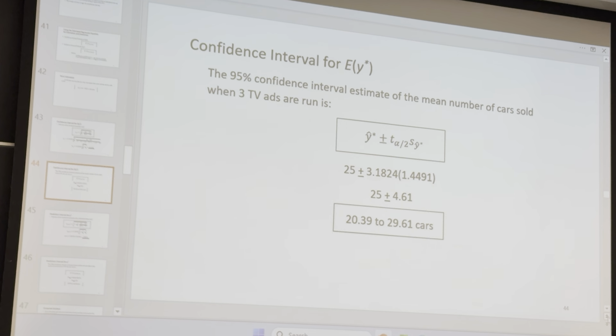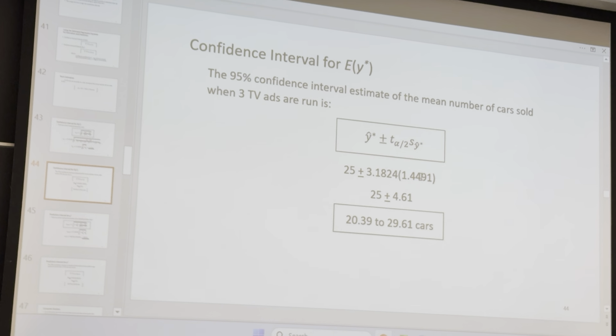Now let's go back to, if you keep putting 3 ads every month, then what will be the confidence interval estimate? We are looking at a 95% confidence interval estimate. Your t value is 3.182.